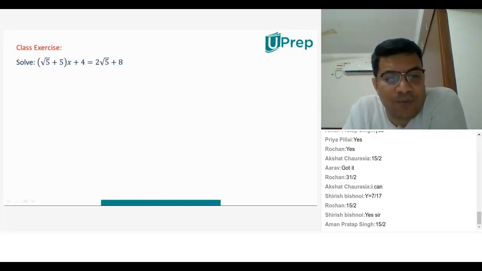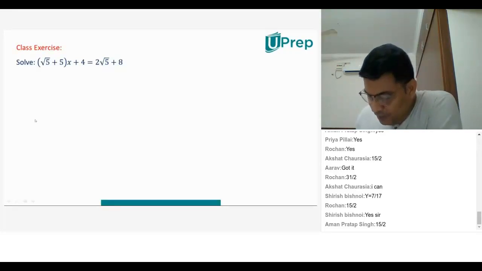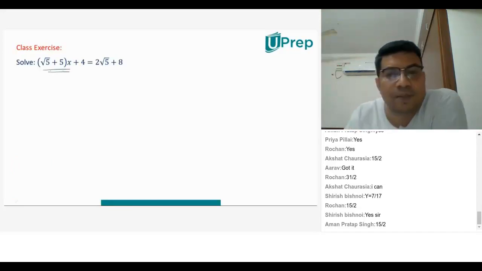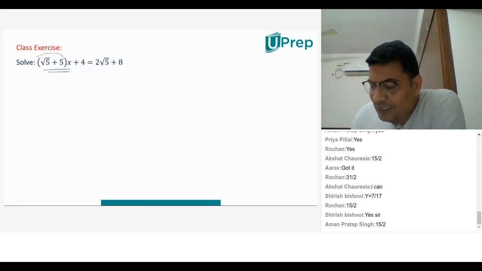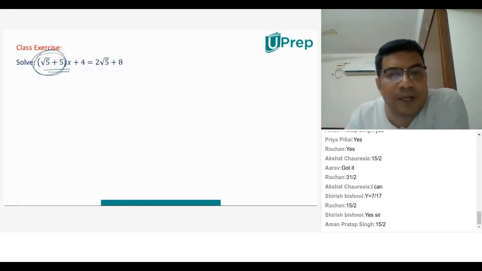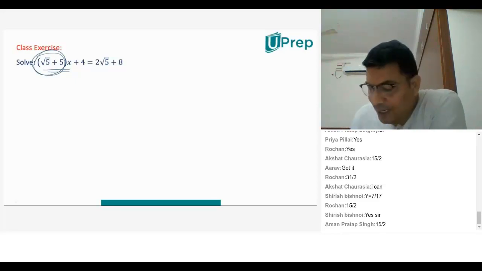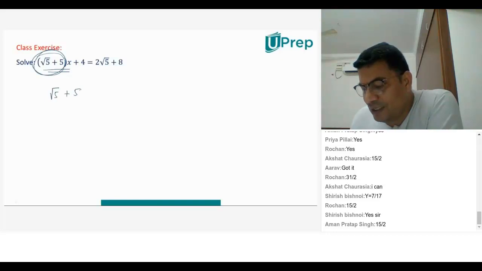So generally what happens is when students look at this problem, the first thing that they try to do is multiply this root 5, open this bracket. But trust me, there is no need to open that bracket because the value inside the bracket is a number. So there is no need to expand that. So I can continue to write this as root 5 plus 5 times of x is equal to, let me take this 4 on the other side.